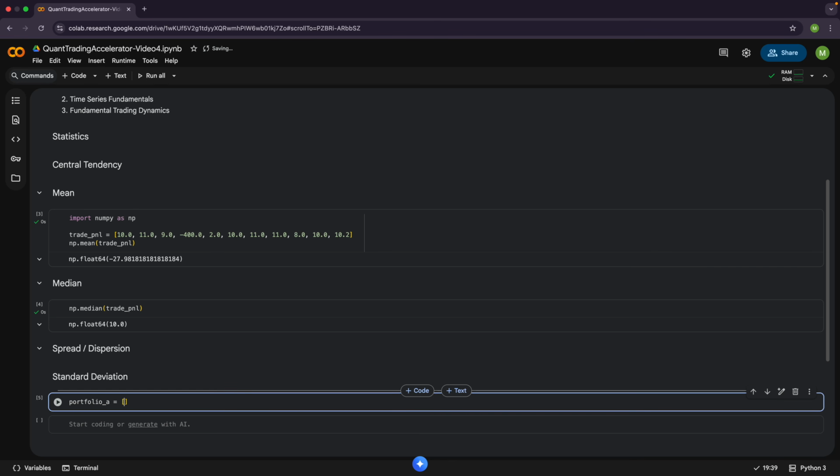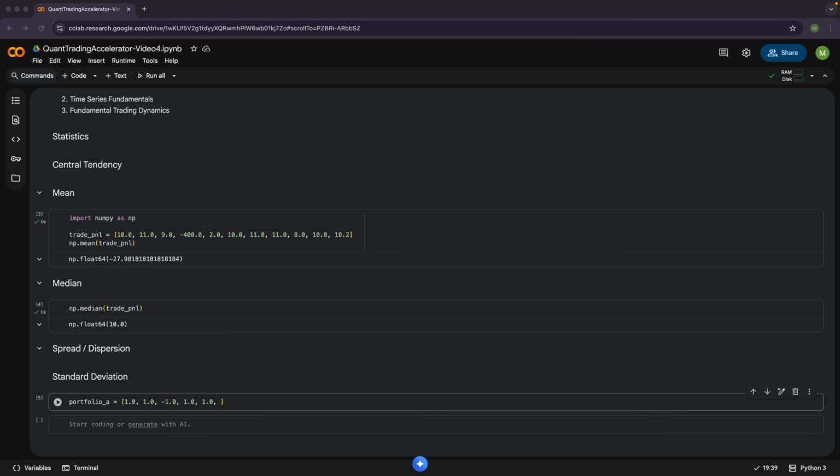For example, I've got two portfolios. Let's say portfolio A, and let's just say it makes $1, and again, this is a time series, and I'm just going to get some numbers here. Actually, I'm going to copy and paste it a bit quicker.